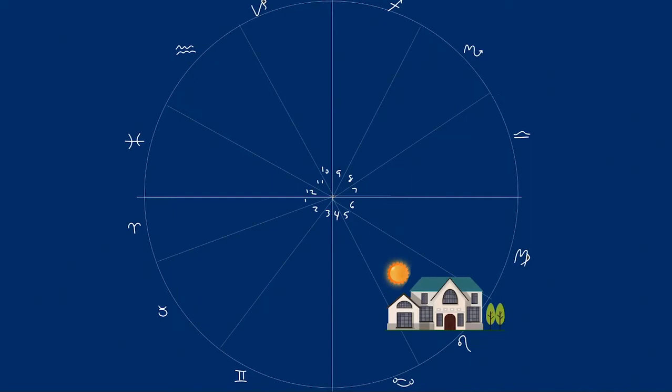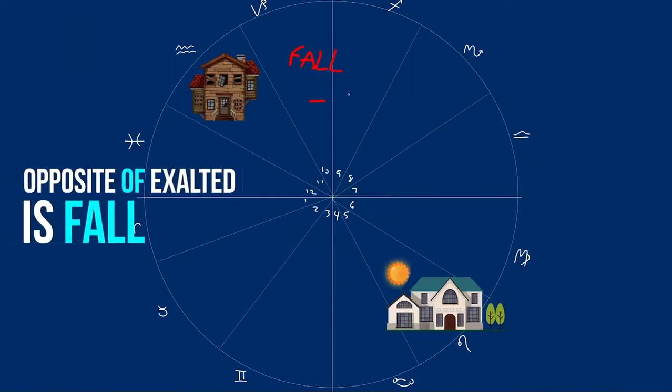So now we're exalted, but what happens if the bad house shows up? Now, if we go across the street again, instead of detriment, if we're exalted now, then we would now be in what's called fall. And fall is going to be probably a -5.